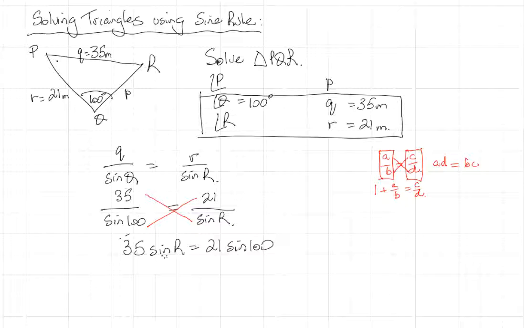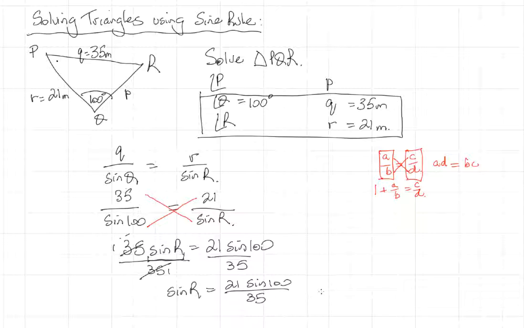Now we want to get R or sine R by itself, so we've got to isolate this. So the best way to do that is to divide both sides by 35. Because what that will do is cancel those 1 and 1, and that'll give us sine R equals 21 sine of 100 over 35.